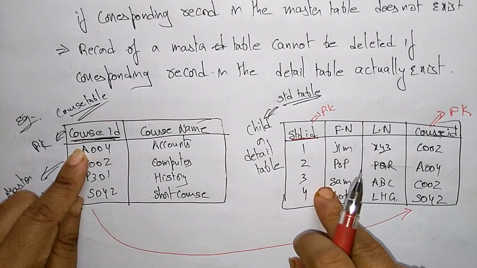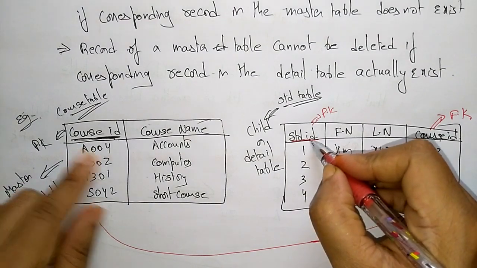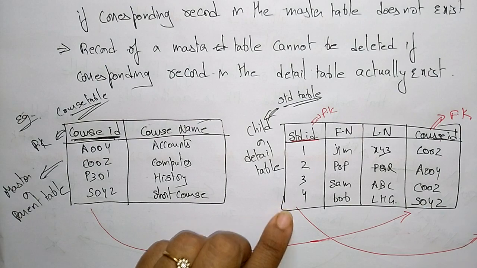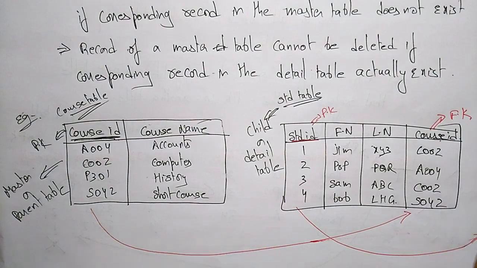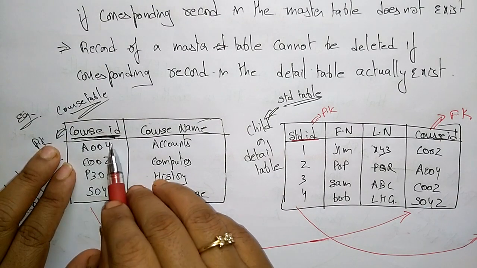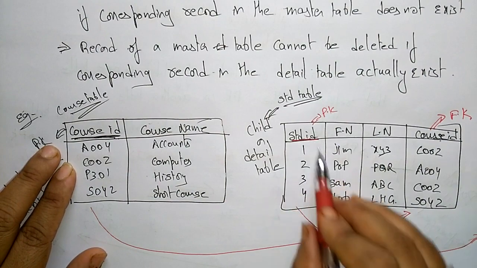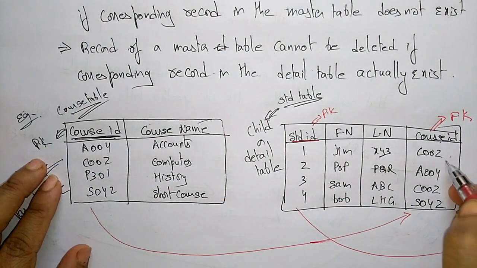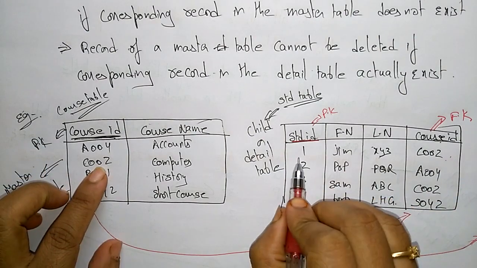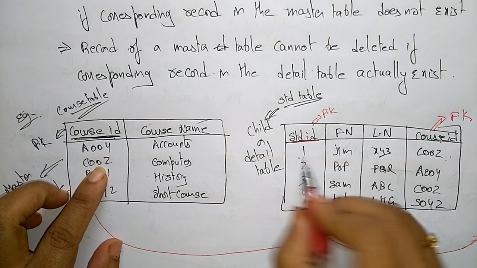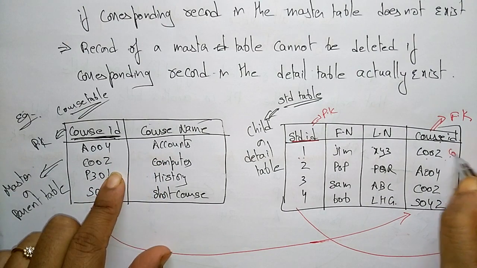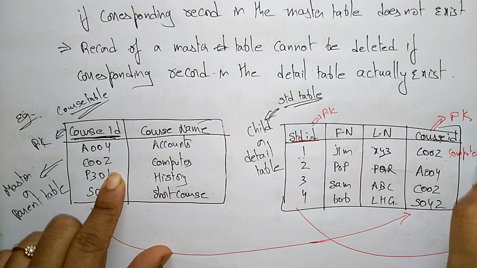And in this table, the student ID is the primary key, which may act as a foreign key in another table. Here these are all unique values 1, 2, 3, 4 because these are the primary keys. Now coming to the foreign key, student ID 1 is using course C002, meaning he joined the computer course.